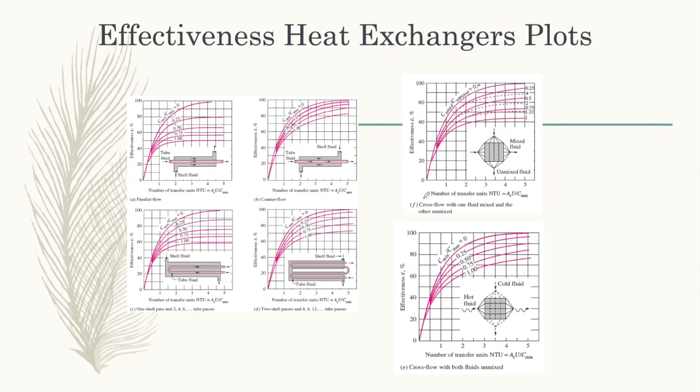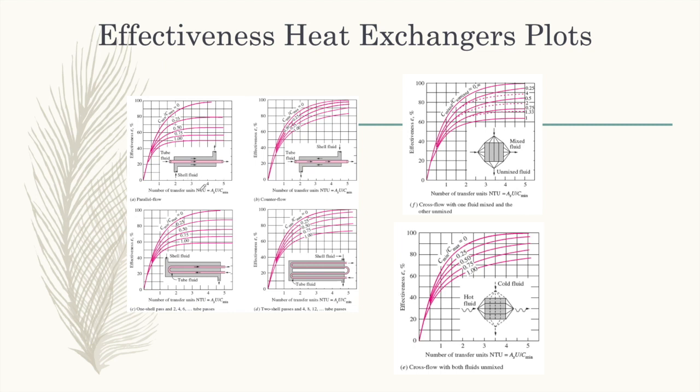From those table values, they are plotted into the chart here. So you can refer to this chart in order to determine the effectiveness. From here, you have to calculate the NTU and then see here.